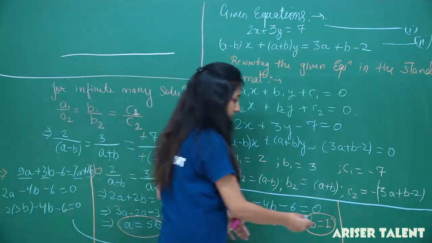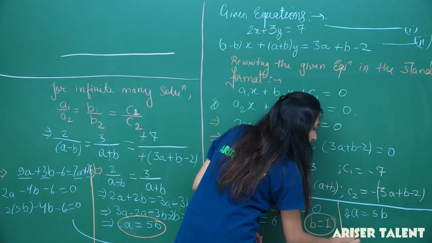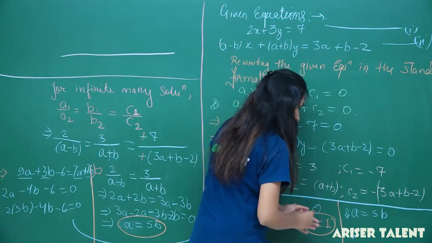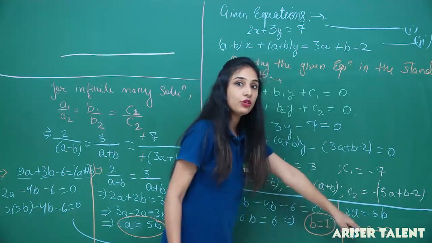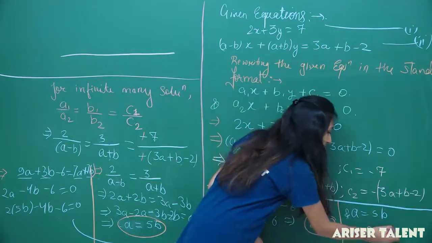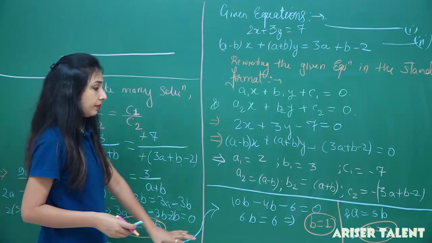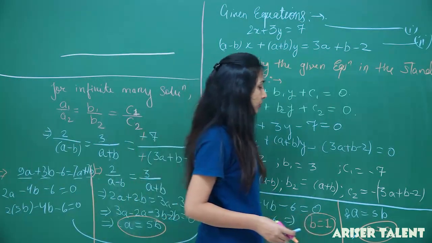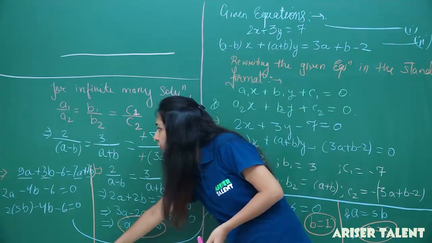So a equals 5b implies a equals 5 into 1, b's value is 1, now that will be 5. So what we concluded is that a equals 5 and b equals 1. We have this equation which is given in the question.